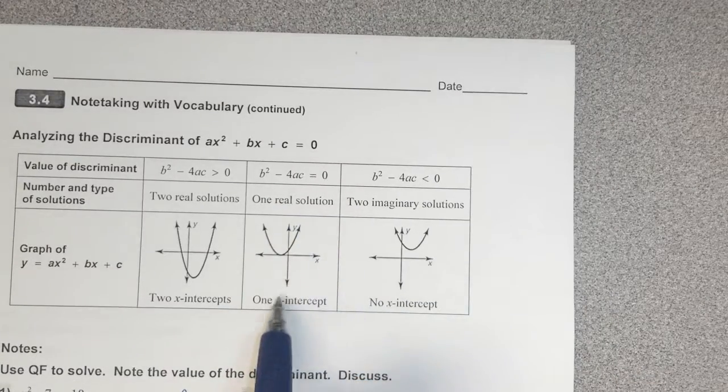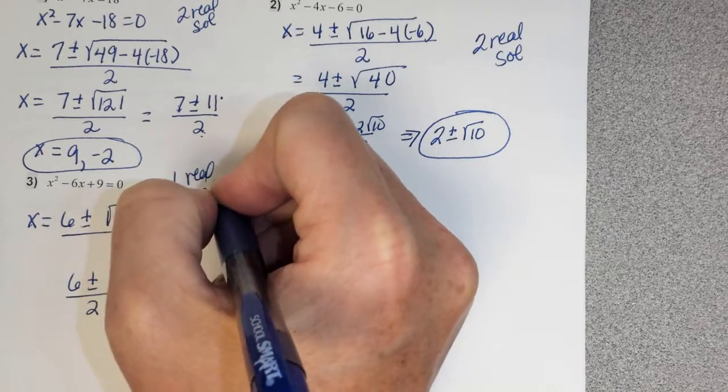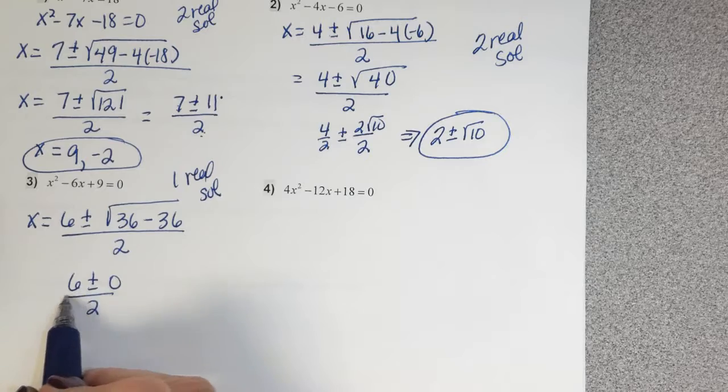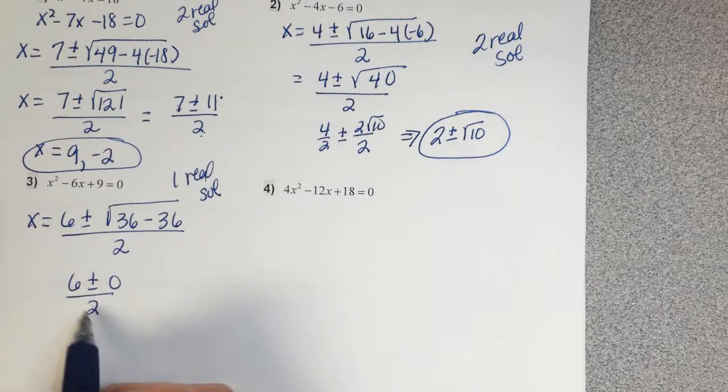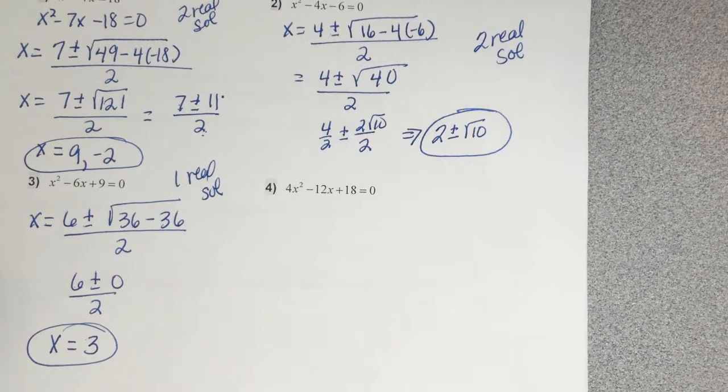Look back up here. 1 real solution, 1 x-intercept. So we should only be getting 1 real solution here. So if I have 6 plus or minus 0 over 2, what's my one real solution? 3 is the only solution there. That's going to be the only x-intercept, that x equals 3.